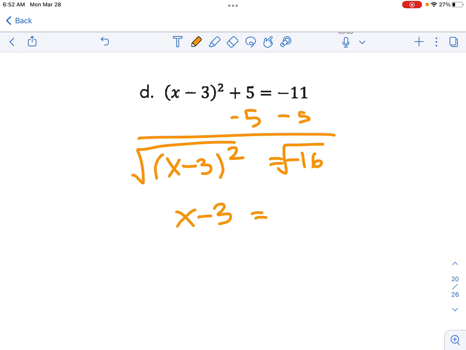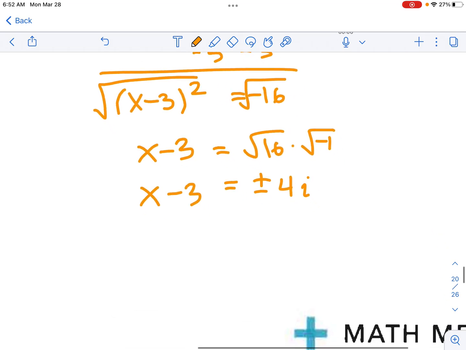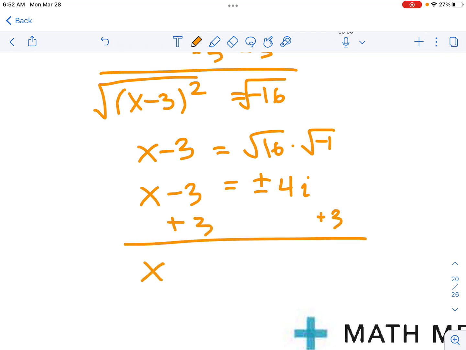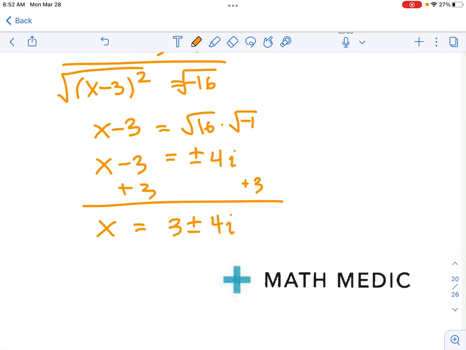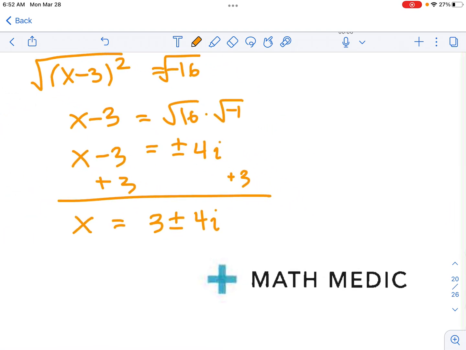So we get x minus 3 equals, and this is the square root of 16 times the square root of negative 1. So that's plus or minus 4i. x minus 3 equals plus or minus 4i. So we have two answers here. We're going to add 3 to both sides, and we're going to get x equals 3 plus or minus 4i. So there's your true conjugate pair.